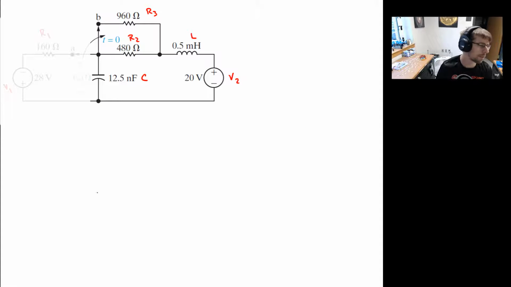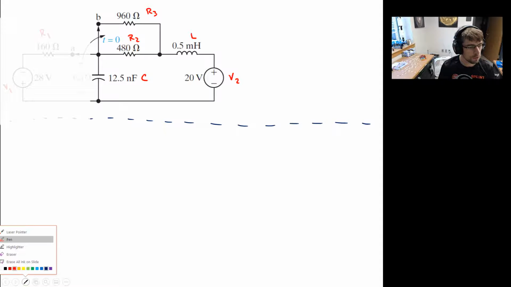You can pick your favorite thing to do. Just to give us a different type of example, I'm going to apply node voltage. I'll call that node A and this one node B, just to give us some different flavor.